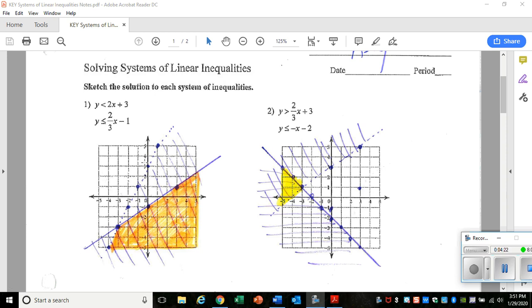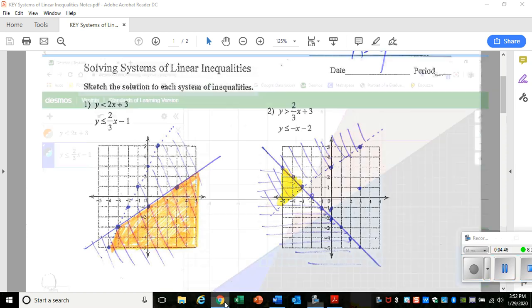So I shade down, and I shade down, and where you shade twice, this part right here, I want you to shade darker. This is where you can use a highlighter. I use an orange highlighter. That is the answer. That's the solution. So any x, y coordinate point inside this section will be the answer for these. Okay? And if you look at that, that's what we have here.